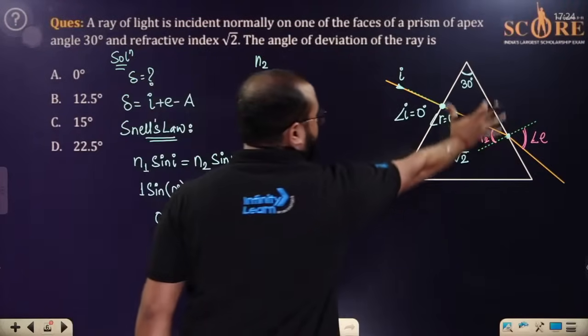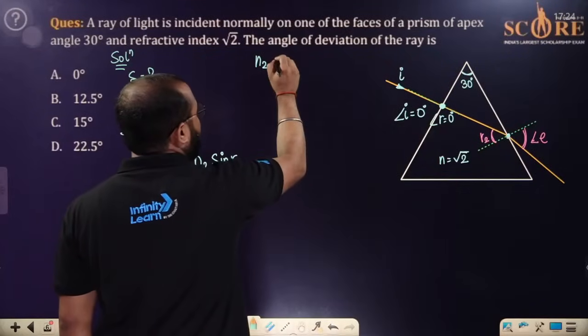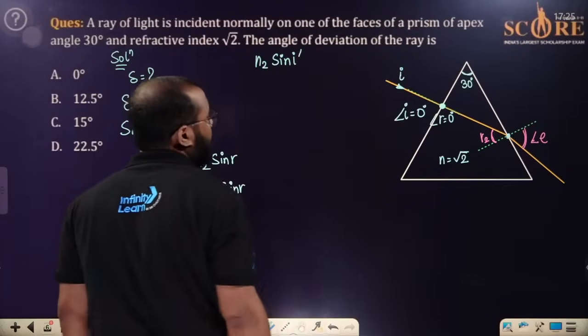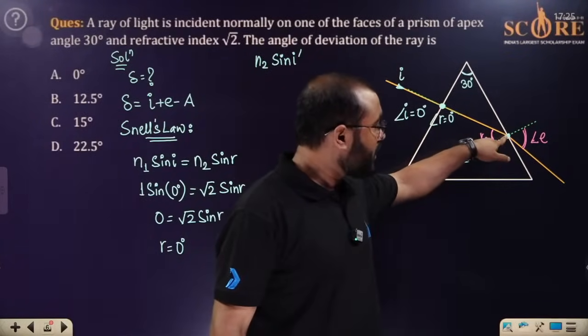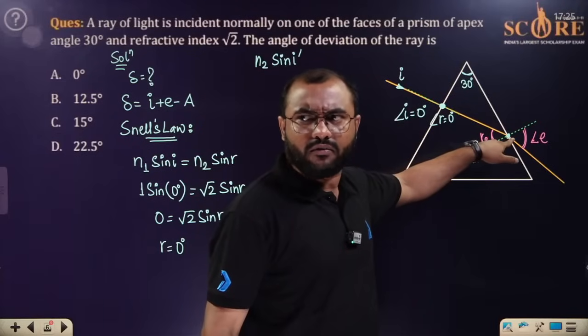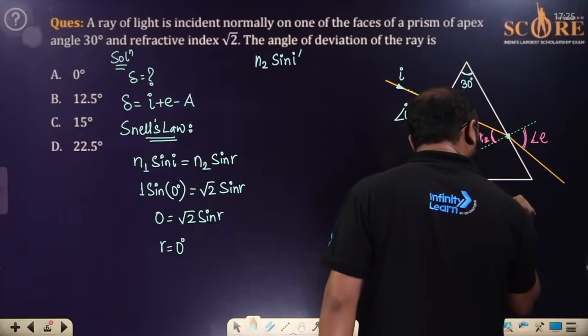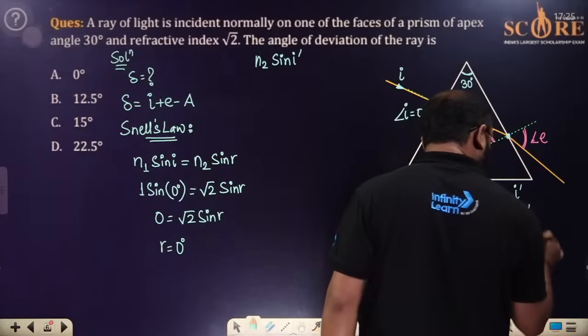Why N2? Because this ray is coming from the prism, so that is why it is N2, sine of I dash. Why I dash? Let us say R2 equals I dash, which will be the incident angle of this particular face. So let us say R2 becomes I dash. Similarly, let us say E becomes R dash.